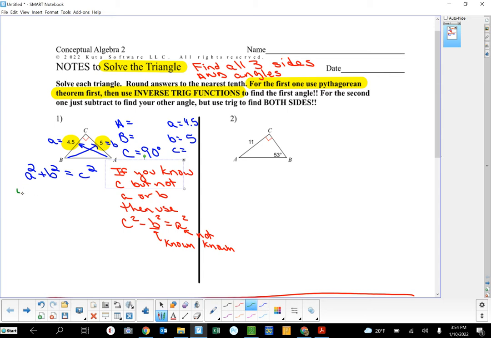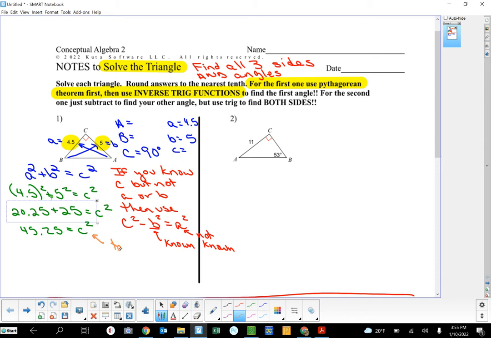So if I plug these in, I have 4.5 squared plus 5 squared equals c squared. I'll throw these in my calculator real fast. 4.5 squared is 20.25 plus 25. I get 45.25 equals c squared. And then remember, I need to undo the square, so I have to take the root of that and take the root of that.